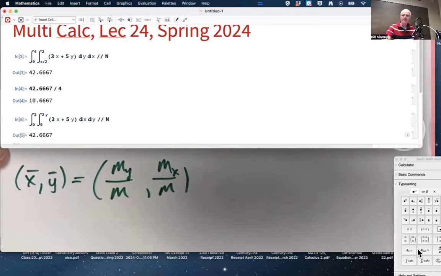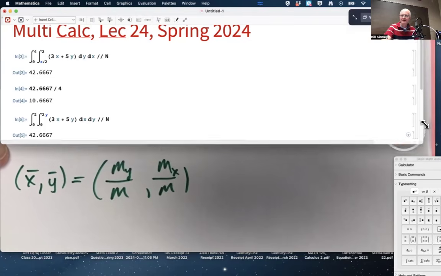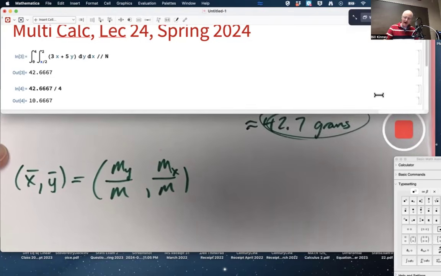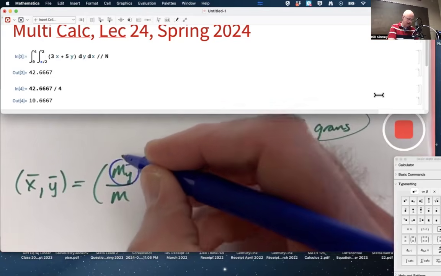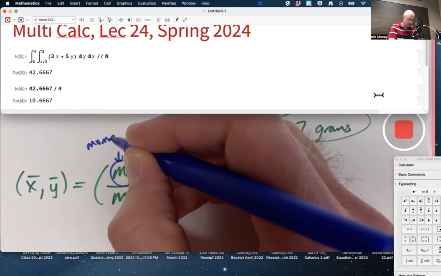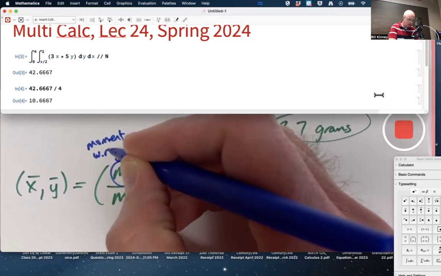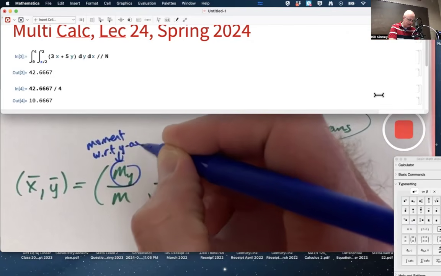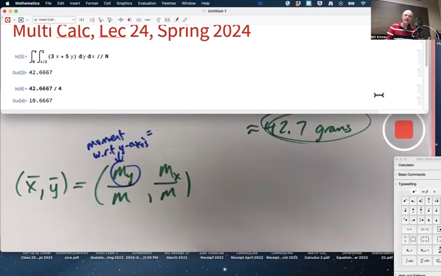M sub y is called the moment with respect to the y-axis. And why is the subscript y, and why is it with respect to the y-axis if it gives you the x coordinate of the center of mass?